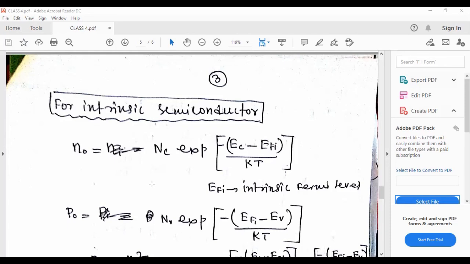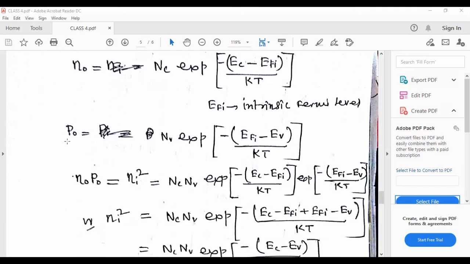And we just derived N0 is equal to Nc exponential of minus (Ec minus EFi) upon kT. I have written EFi for the intrinsic semiconductor. That means this is the Fermi level of the intrinsic semiconductor.